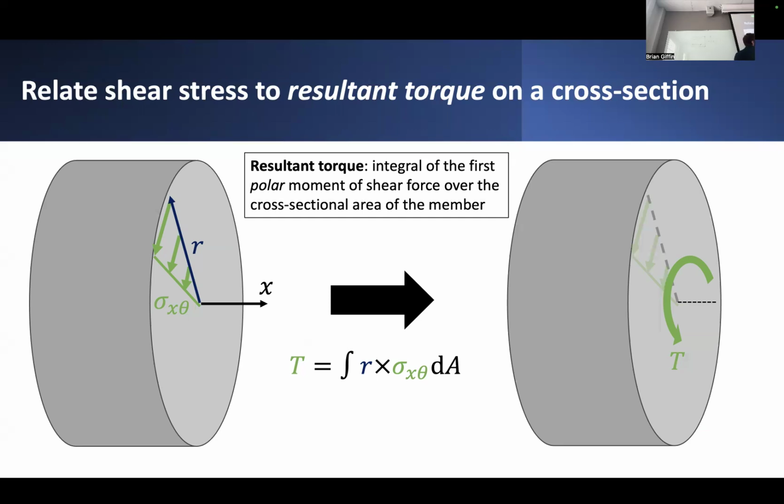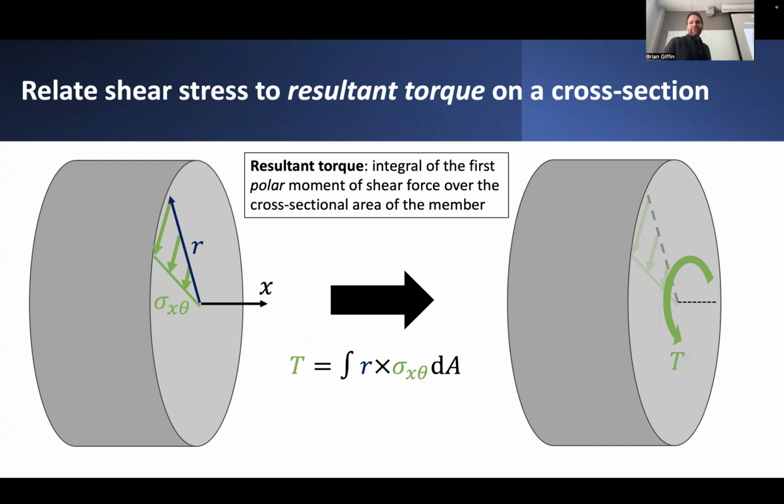And I can integrate over the full cross-section all of those contributions of all these little small pieces of the cross-section at some distance R that varies over the section, multiplied by a torsional shear stress that also varies as a function of radial position. If I integrate this over the whole cross-section, I'll come up with my representation of resultant torque.